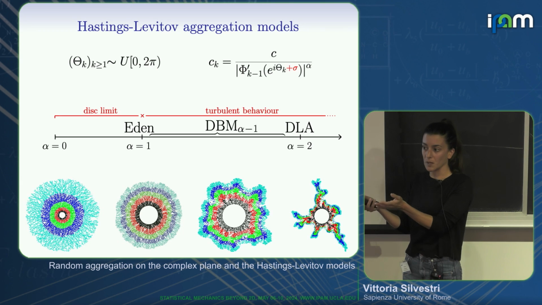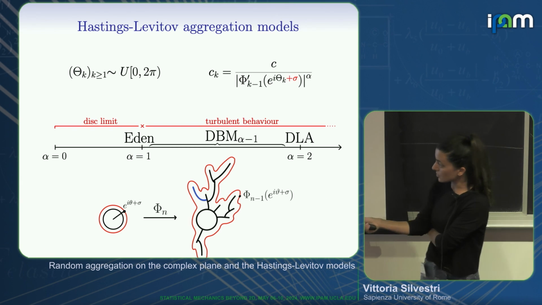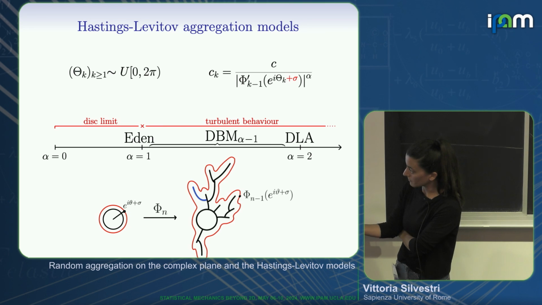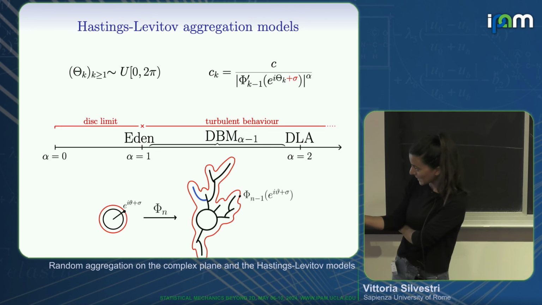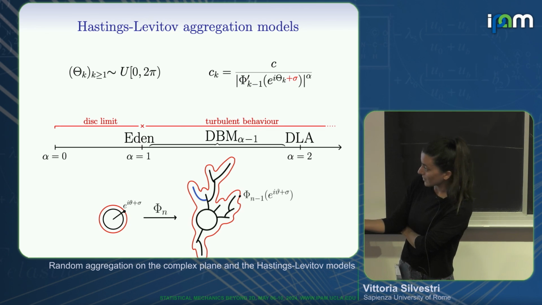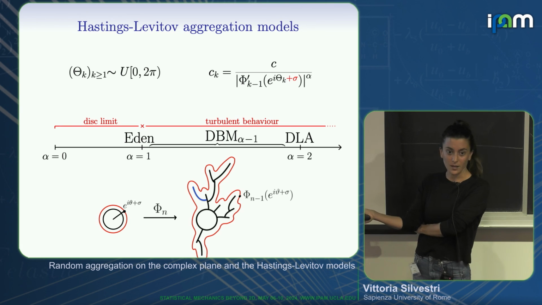It's just a way of doing mathematics on it. And if you want to visualize this regularization, it just amounts to taking a disk of radius e to the gamma, so 1 plus sigma, slightly larger than 1, where sigma is something small, and mapping it to the actual cluster, and you're just going to pretend that the cluster is the red one rather than the black one, which is more complicated.